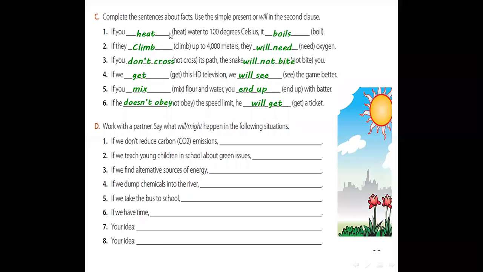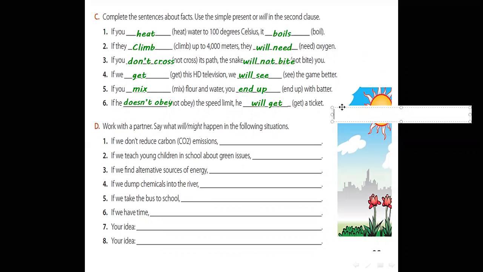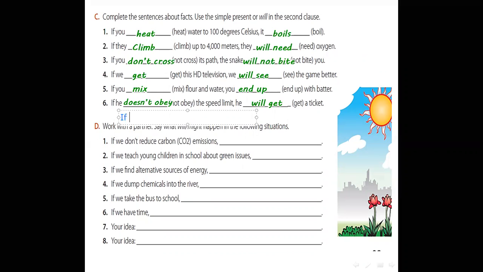Now, we will write the form of conditional sentence. We can use if plus simple present, and simple present for both clauses, for present facts.